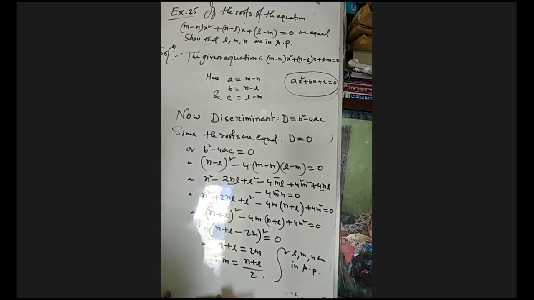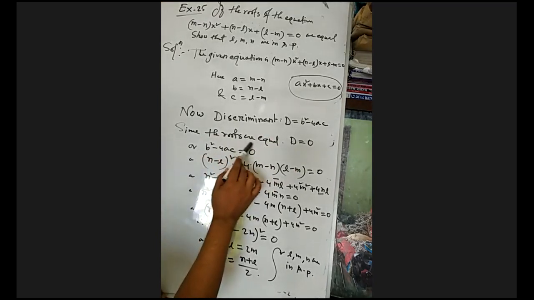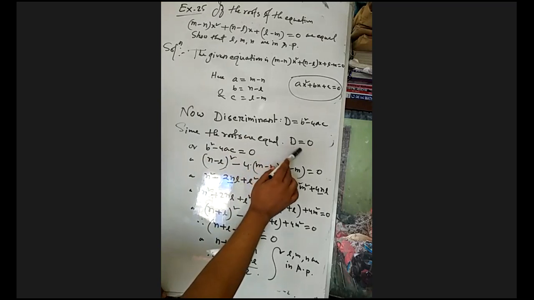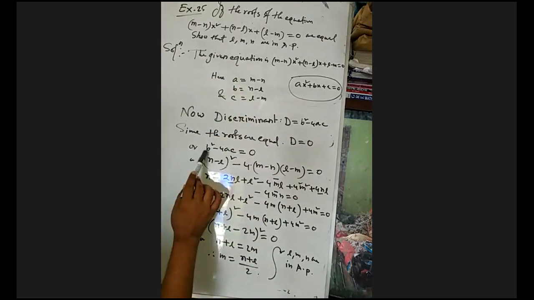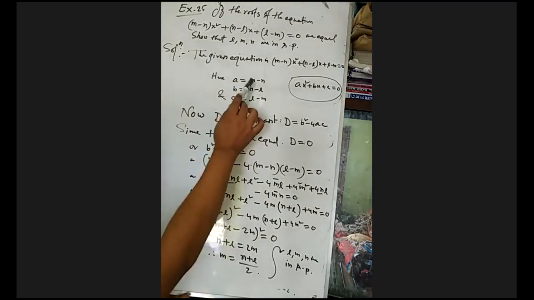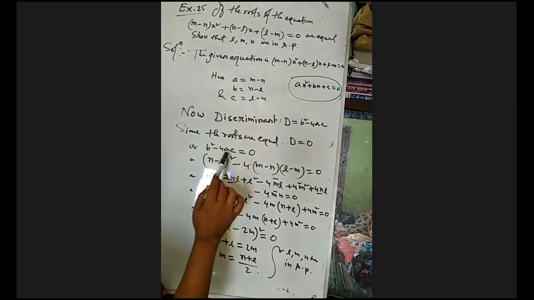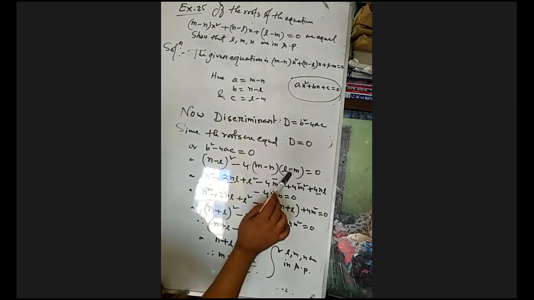Now, the discriminant d equals b square minus 4ac. The roots of the equation are given equal, this is why the discriminant will be 0. That means b square minus 4ac equals 0, where b equals n minus l, a equals m minus n, and c equals l minus m.